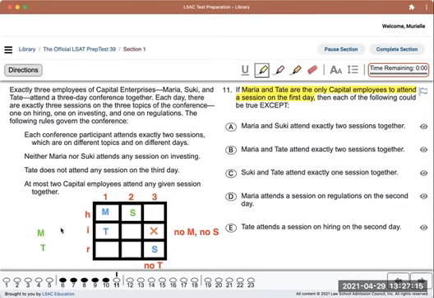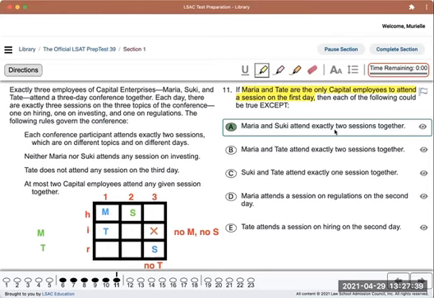Okay. M and S attend exactly 2 sessions together, yeah, that's not going to work because that would be both of their sessions, and that would mean M is no longer on day one. So yeah, that one's got to be the correct answer, I think.